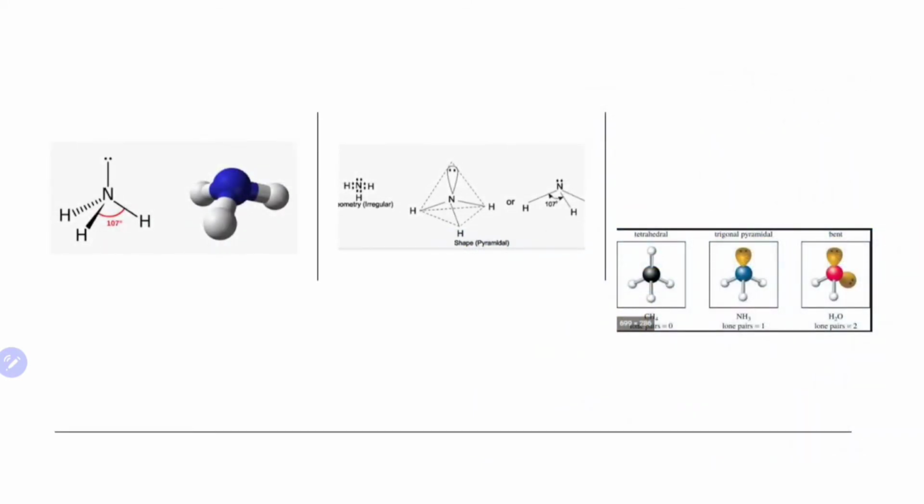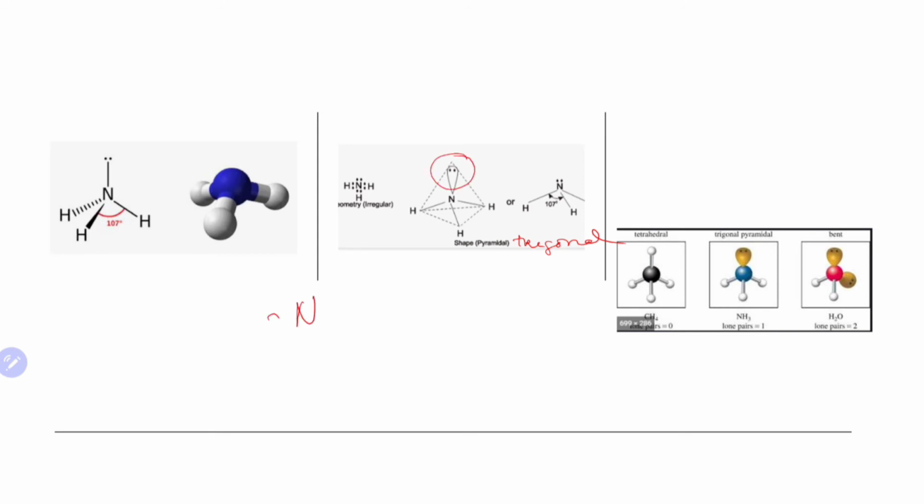Another example is NH3, Y like this, and the shape is pyramidal, trigonal, or trigonal pyramidal, because one pair is empty.